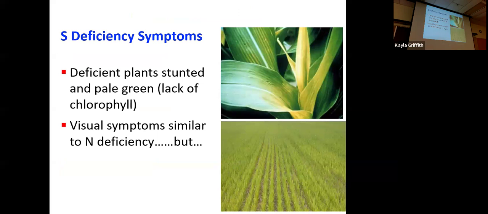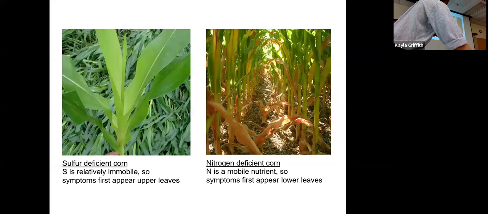Sulfur deficiency. Basically, it's this yellowing, I think, from the upper parts of the plant, a pale green, a lack of chlorophyll. It's similar to nitrogen deficiency, probably tied to how the plant uses nitrogen in general, right?